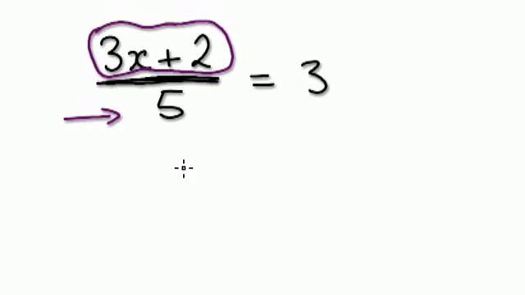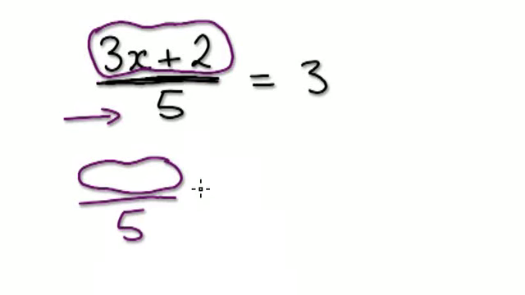Inside your mind, multiply both sides by 5. So here you've got the long bubble over 5, and you times 5 to both sides. So here you would times 5, and on this side you would times 5 as well.